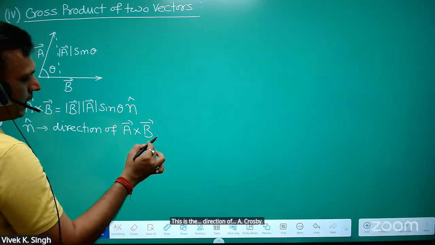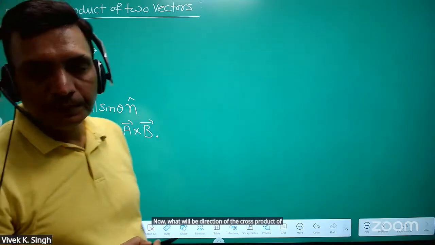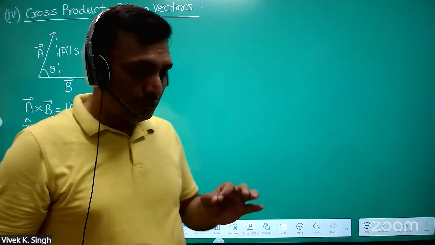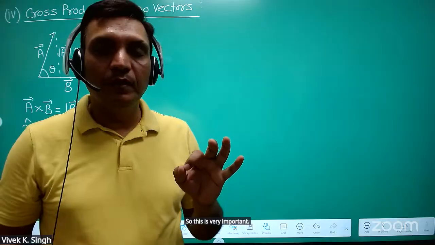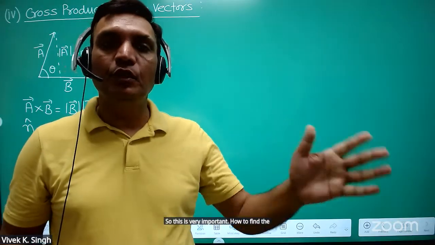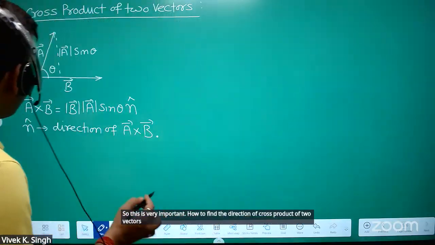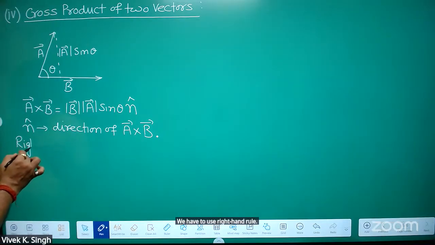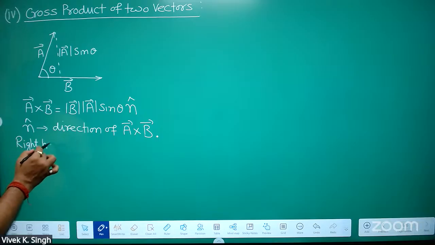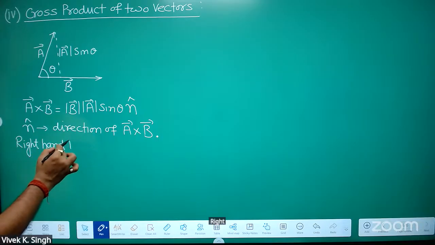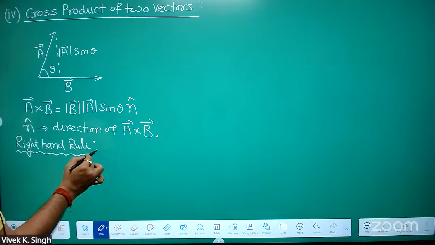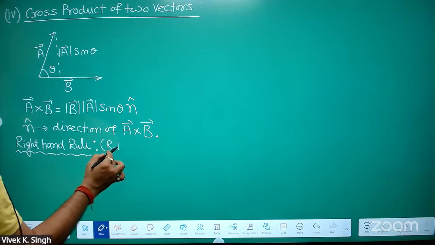Now, what will be the direction of the cross product of two vectors? This is very important: how to find the direction of the cross product of two vectors. For that, we have to use the right hand rule, in short RHR.